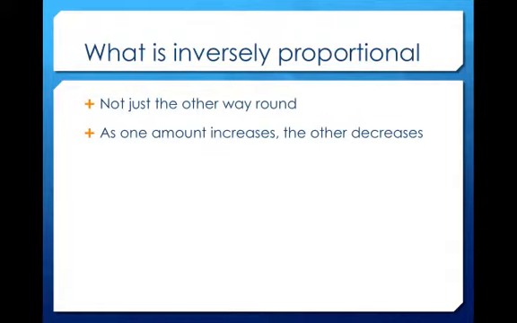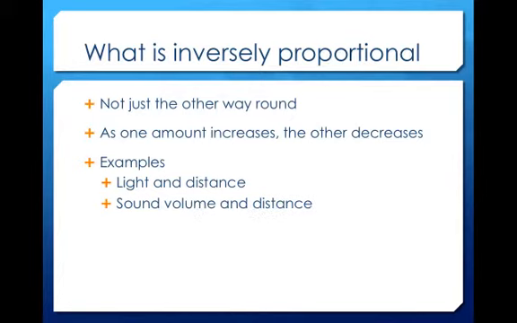And here are some popular examples. They like to use things like light intensity and distance from an object. So if you have a light, the further away you move from that light, the less bright the light becomes. Similarly with sound volume and distance, the further you are from a sound source, the quieter it becomes.